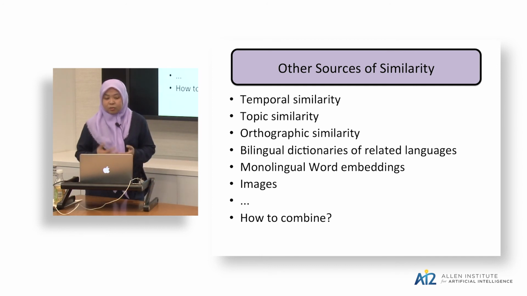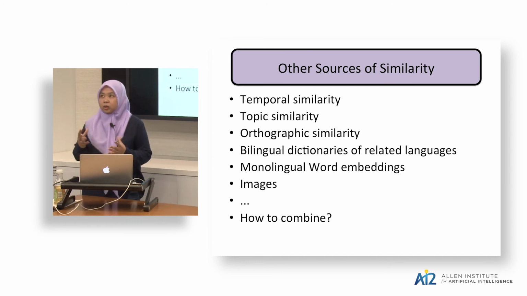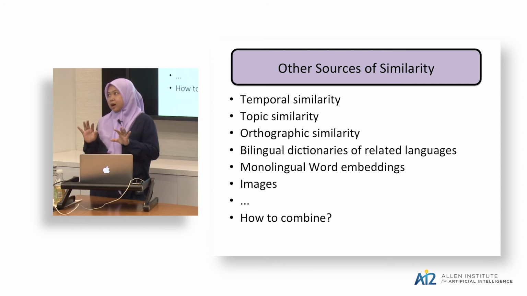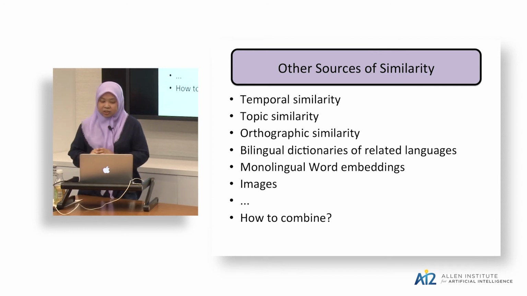But there are many other ways to do it. We can do a temporal similarity. For example, words tend to surge or decline at different time periods, like in news. And we can find topic similarities, like words that are similar appear in similar Wikipedia pages. We can find orthographic similarities because words are written similarly in related languages.